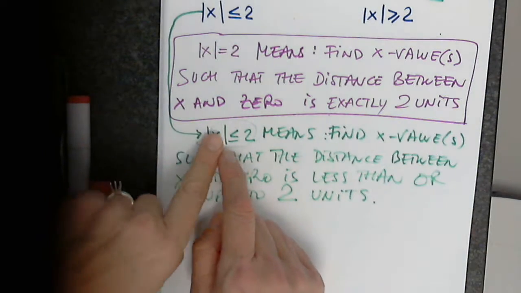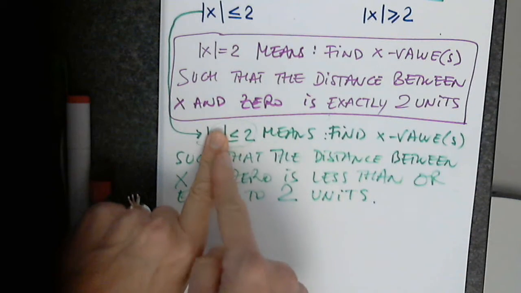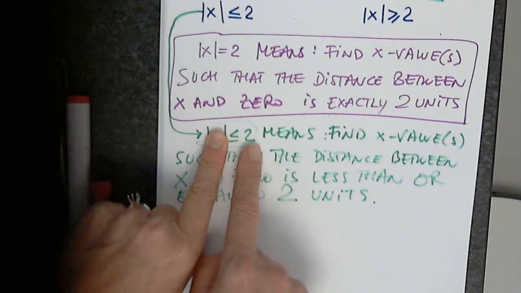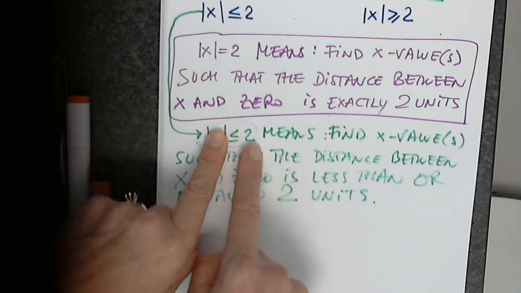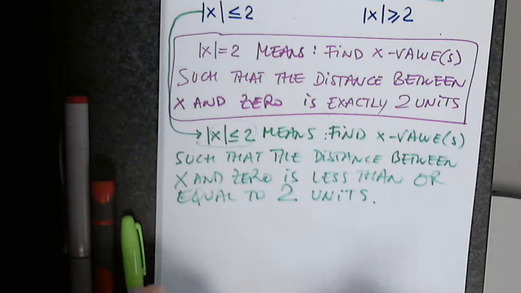So the distance, so I'm looking for numbers whose distance from 0 is 2 units or less. Which numbers have the distance from 0 exactly 2? Where will I find these numbers whose distance from 0 is 2 or less? Thank you.